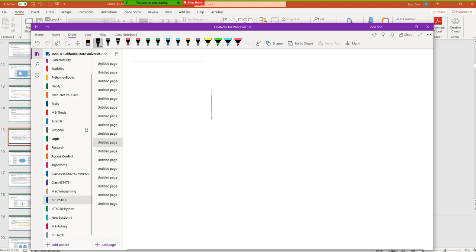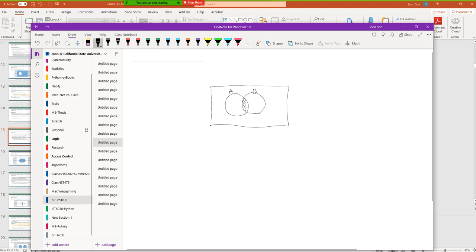You have a sample space, and then you have event A and event B, and this is the intersection, right?